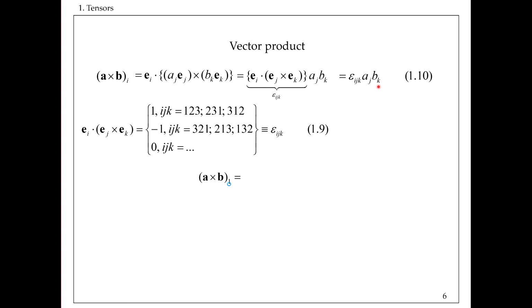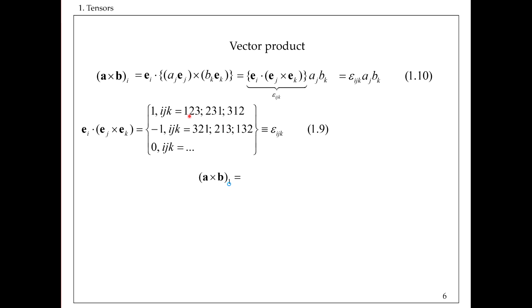Now we go to the definition of Levi-Civita and find those that start with 1 and are non-zero. I have 2 combinations here: 1, 2, 3, and the other one is 1, 3, 2. One will be plus 1, and the other one will be minus 1, so we'll have a positive and a negative component.